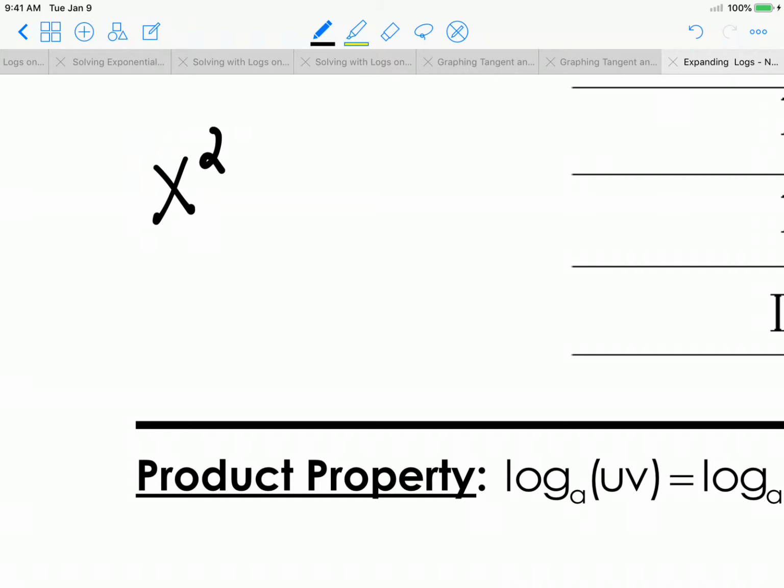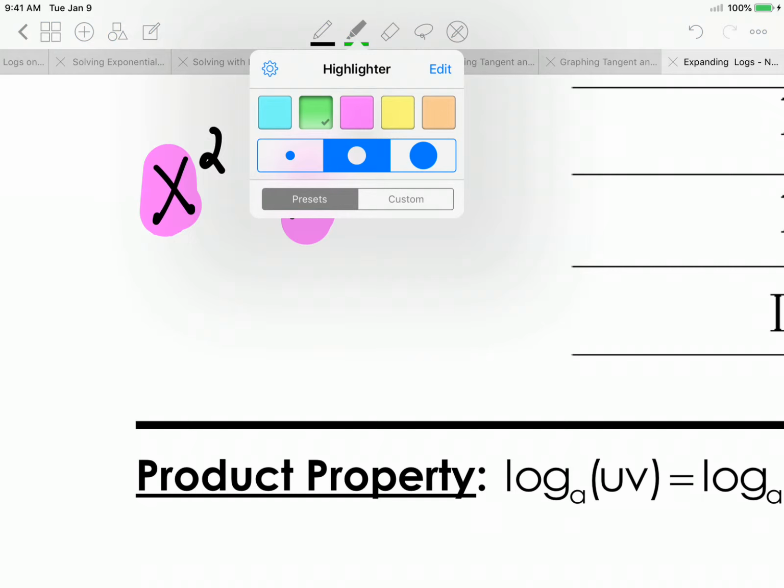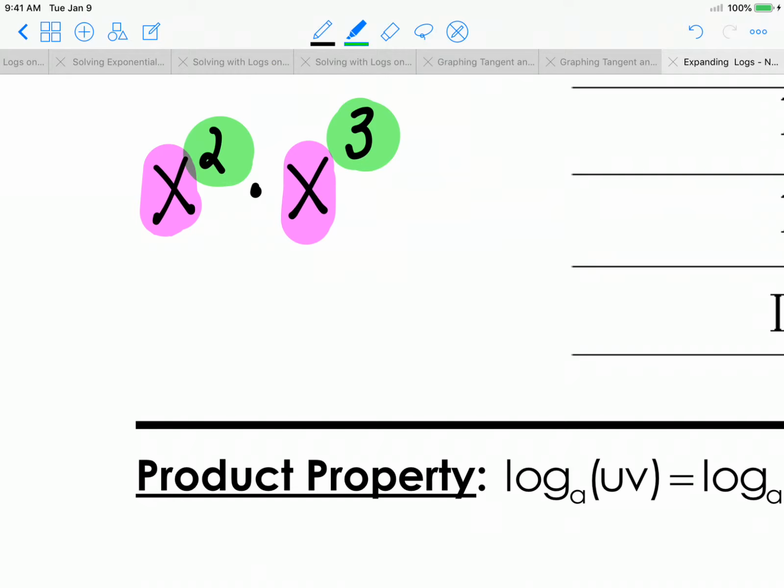Let's refer back to what we would do if we were given these exponents and were going to multiply them. Hopefully you would tell me that because they're the same base, we would add the exponents. x to the 2 plus 3, and we'd get x to the 5th.